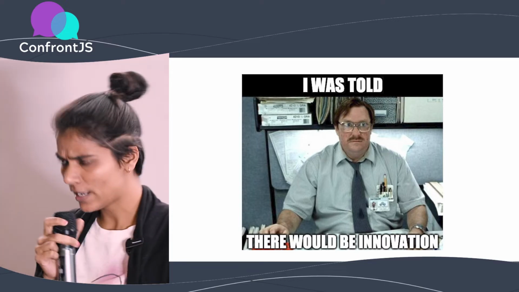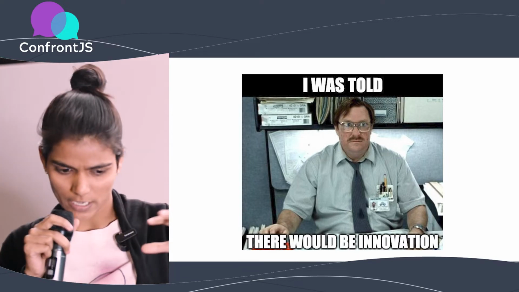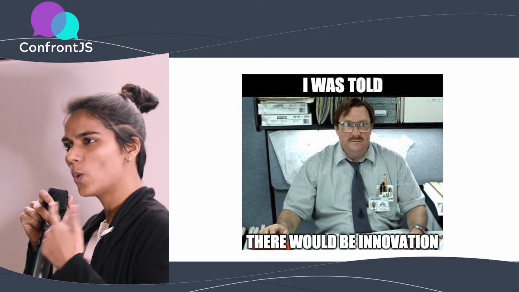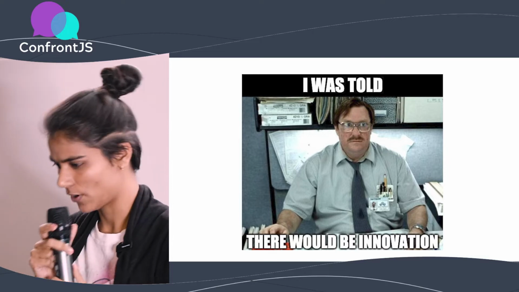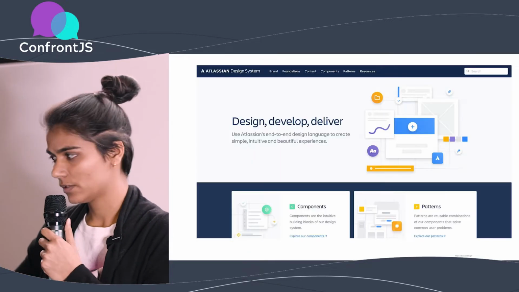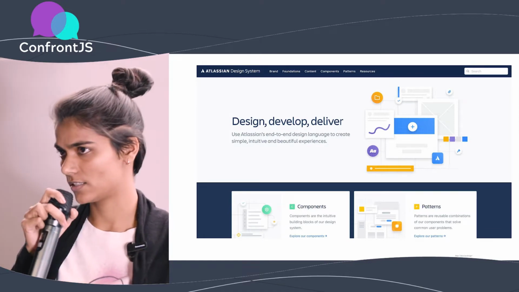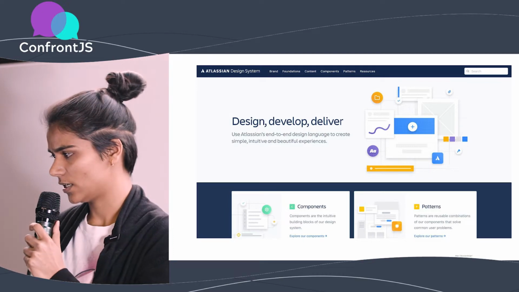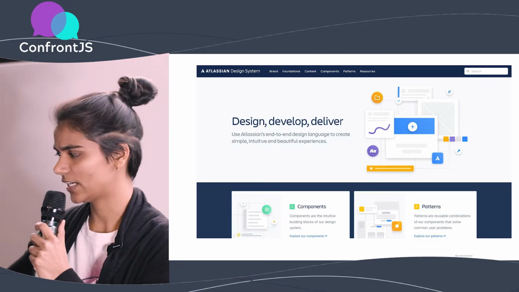Now we know a bit about where the roots are. Let's check out where this design system keyword came from. Let's take some examples. Atlassian has their own design system, and the other one is Salesforce. Check it out.